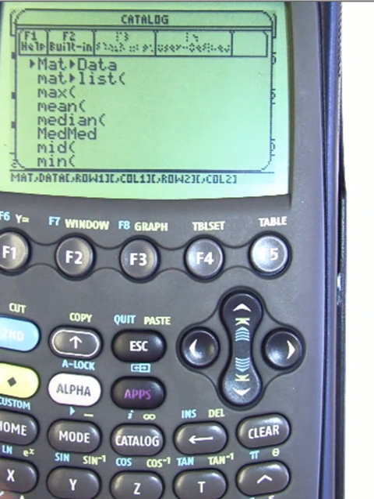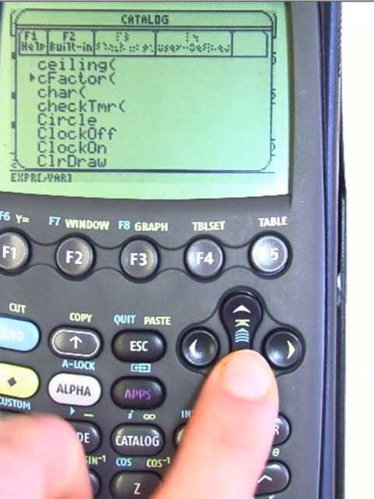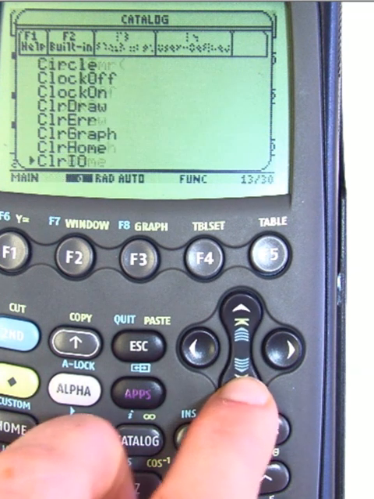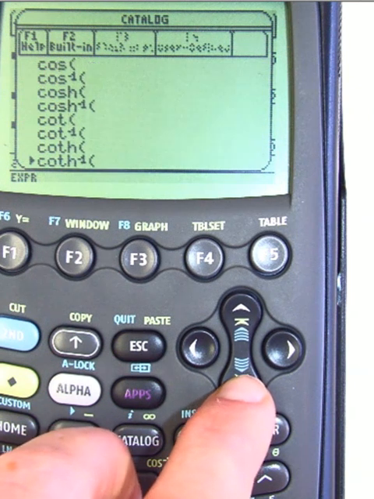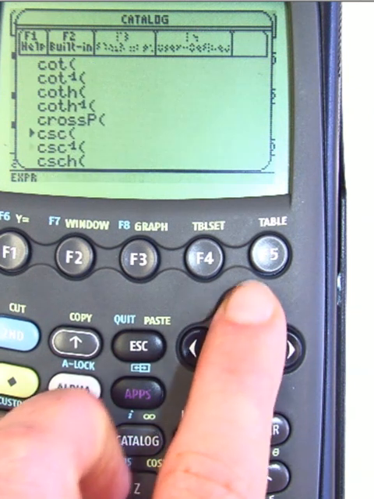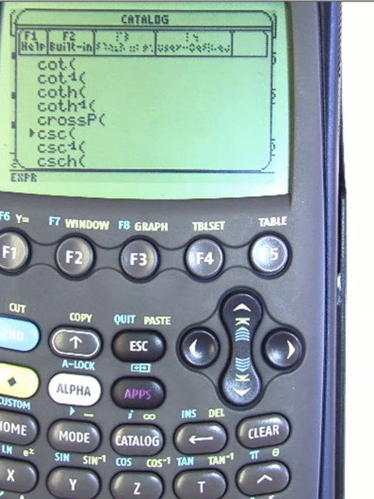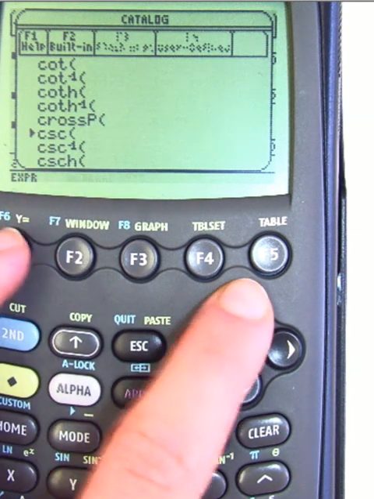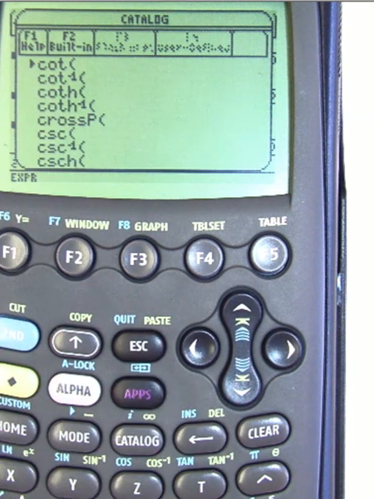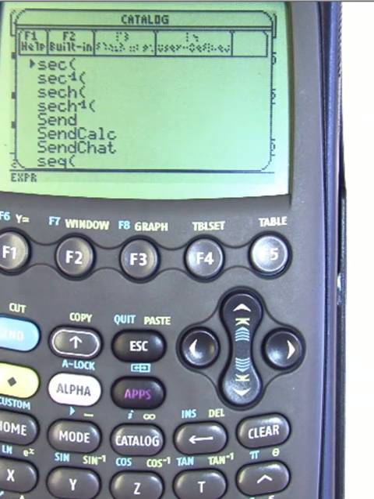So if you're ever looking for something, let's see if I can find cosecant on here, I'm just curious. Oh, well, there was cotangent. There it is. Okay, if you didn't want to type in the cosecant, you can go to your catalog, go down to the C's, and there's your cosecant, and your cotangent is right up there. You could jump to the S's and find your secant if you didn't want to have to type it all in there.